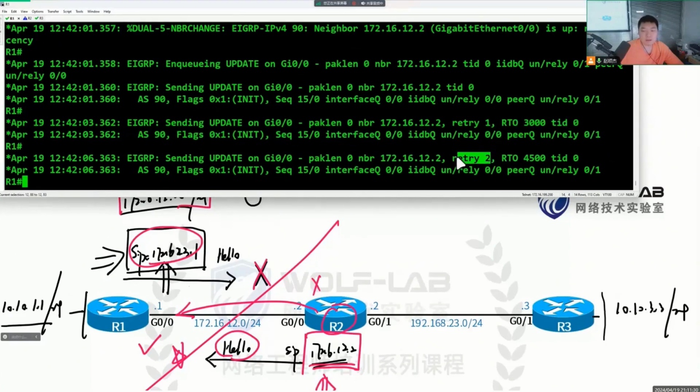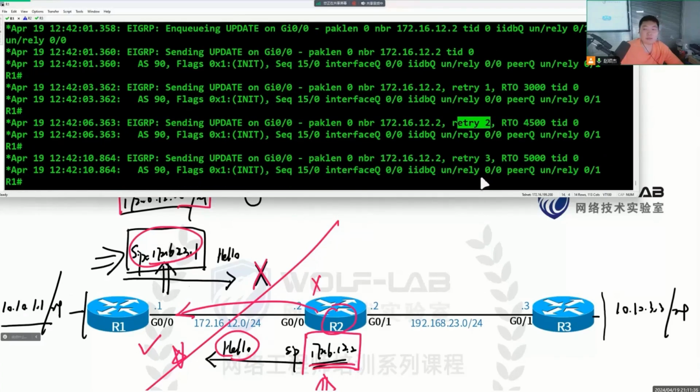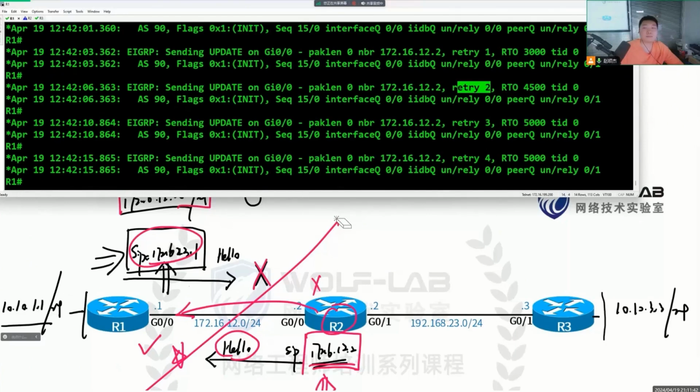Next time it's down after 16 retransmissions. It's disconnected, then immediately receives R2's hello packet, reestablishes the neighbor relationship, and sends update packets. It waits for confirmation, no reply. First retransmission, second retransmission. It needs to retransmit 16 times, 16 update packets, and can't get confirmation.